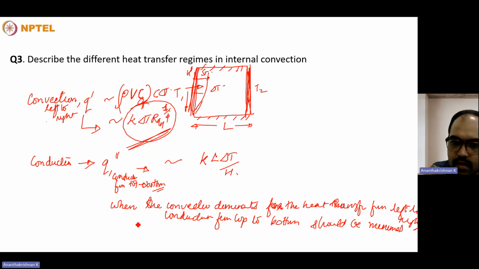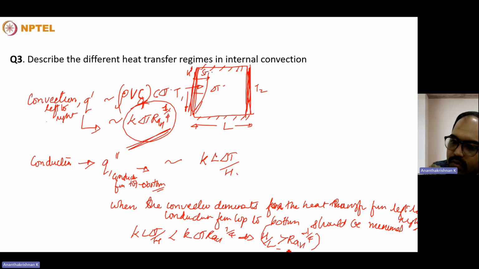So that means that K L delta T divided by H should be less than K delta T Ra_H raised to 1 by 4. That implies H by L should be greater than Rayleigh number raised to minus 1 by 4. So that will be the particular ratio that we'll be having.